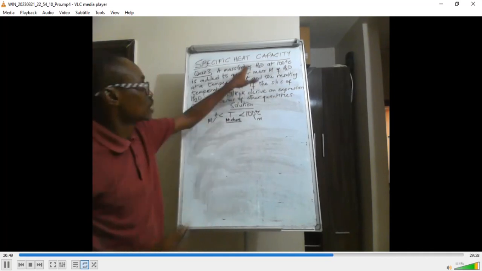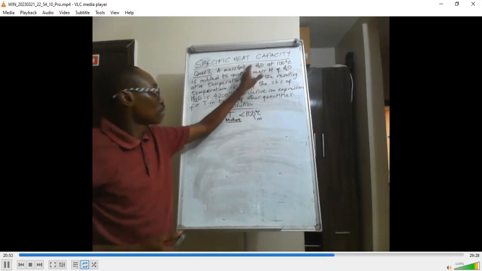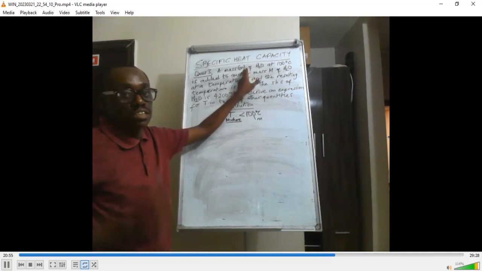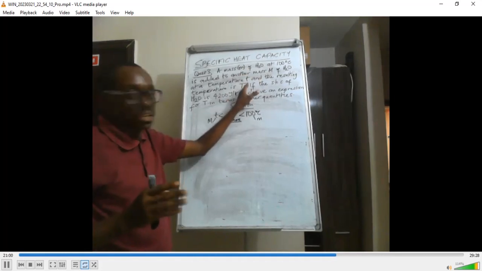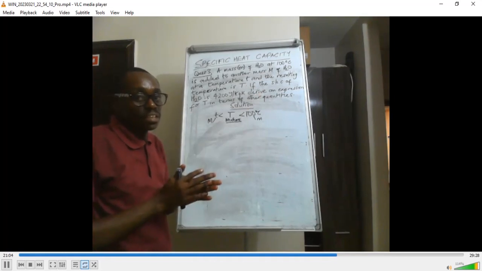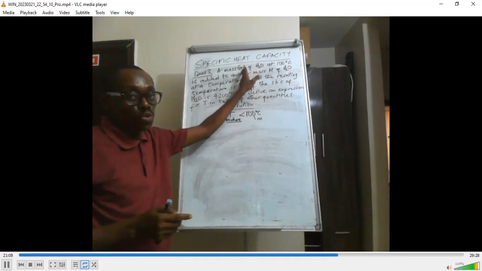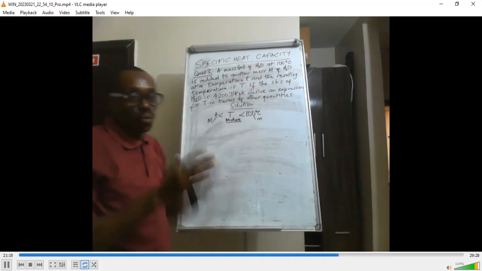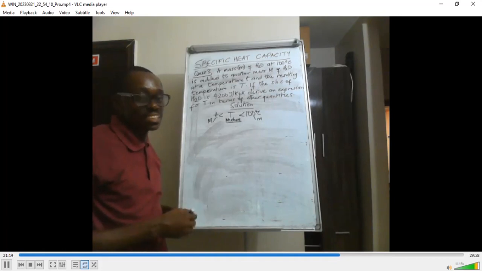So that means the mass small m of water, since it's at a higher temperature, and mass capital M is at a lower temperature, when they are mixed together, the mass small m of water is going to lose heat, while mass capital M is going to gain heat.